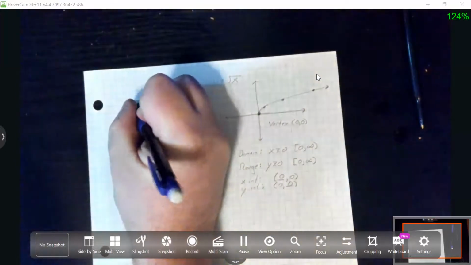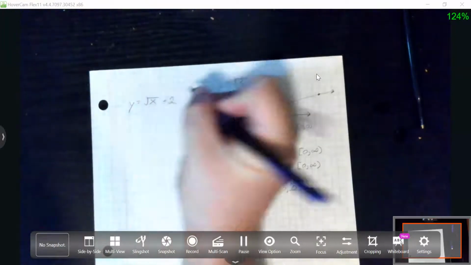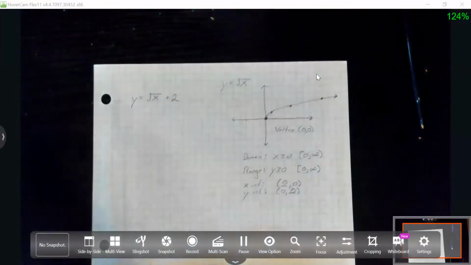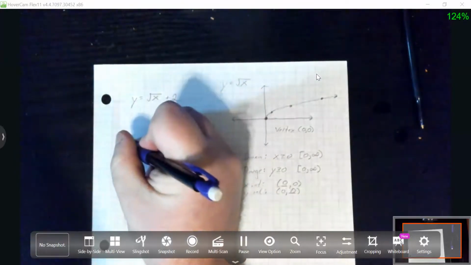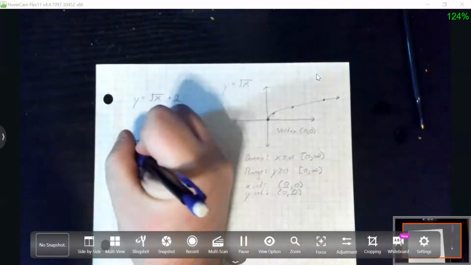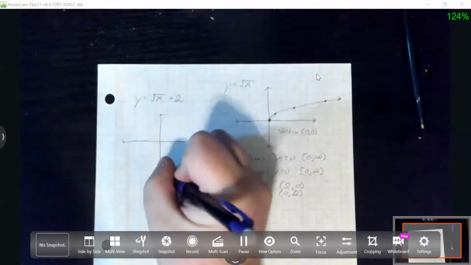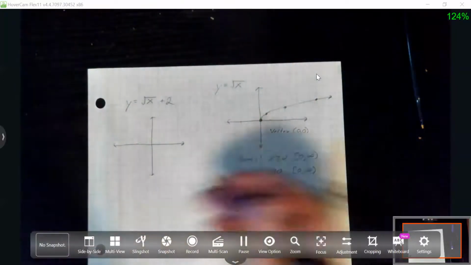So we can take something and actually add or subtract a number to the end. So, square root of x plus 2. Just like when we did our absolute values and later on our parabolas, adding a number to the end still results in a vertical translation. It's just moving the entire graph up or down by that amount.